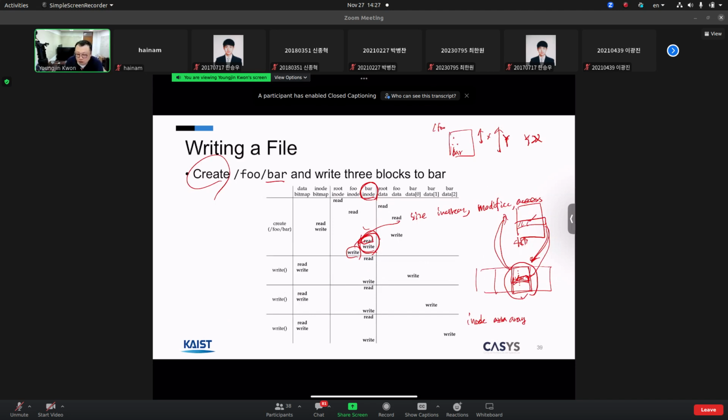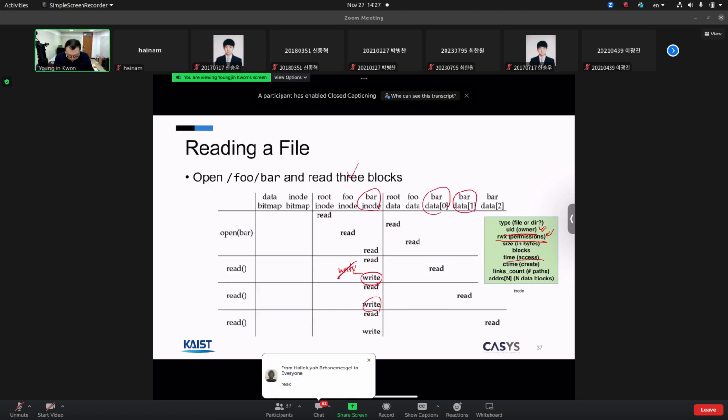Are you asking the question here about the read path or the write path? Which path are you talking about? Read. So there is no foo write operation here. Why would a foo write operation happen here? The foo inode is never written here.